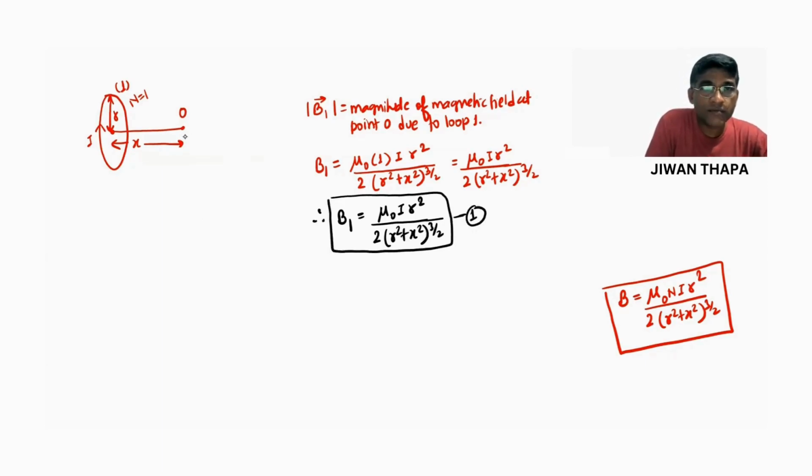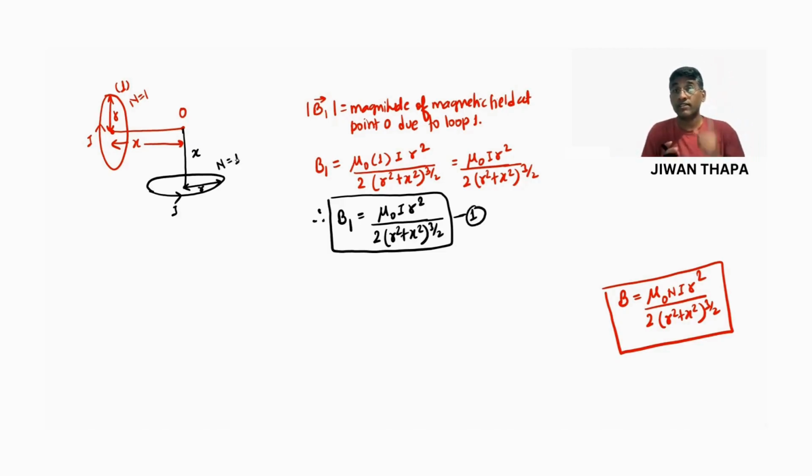Now next, okay, we have loop 2, okay. We have loop 2 carrying current I, and this distance is X. And the radius of loop 2 is R, and number of turns is 1.